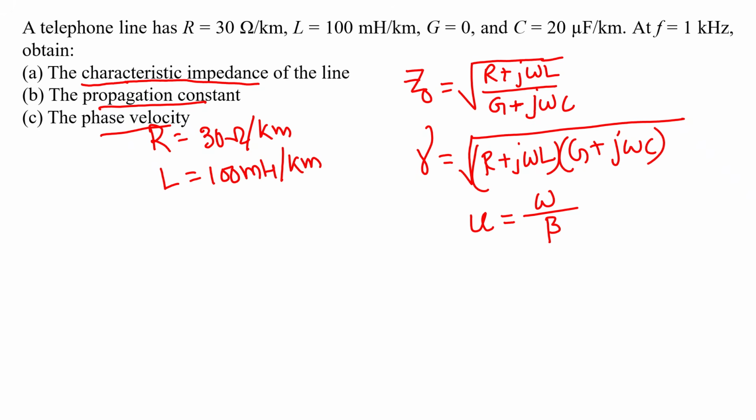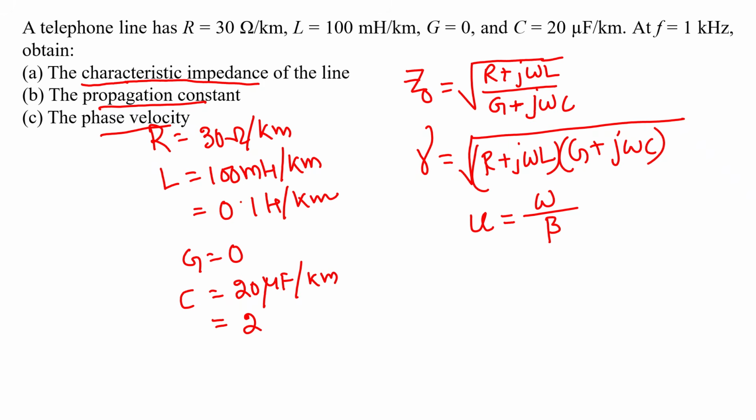So we will convert it into standard form, so it will be 0.1 henry per kilometer. Then G is given as 0, so nothing needs to be done with G. C is given as 20 microfarad per kilometer. So this C also needs to be converted to 20 into 10 to the power minus 6 farad per kilometer. Okay, so we have converted these values.